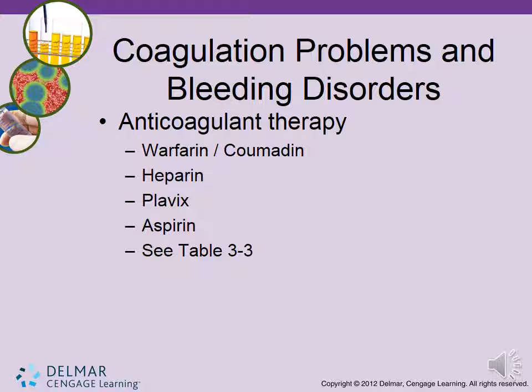I will say, though, that Plavix does have a black box warning that mentions that genotyping is the testing that should be done to check the effectiveness of Plavix. However, that's fairly expensive to do, and it's also laborious for laboratories. Most of them would probably have to send it to a reference laboratory. So many of our laboratories have decided to use platelet factor assays to measure response to Plavix or aspirin therapy.